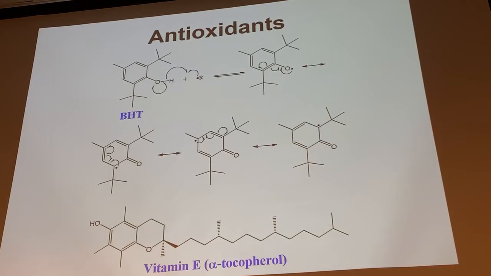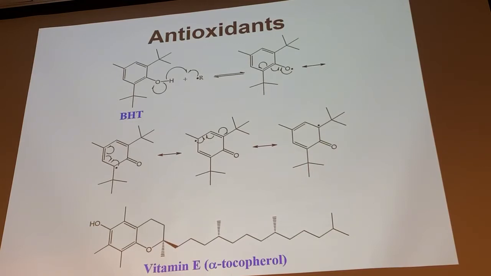It's also less reactive because of steric hindrance. You have these bulky tert butyl groups that are shielding this oxygen, that are shielding the radical when it's on the carbon. And so due to sterics as well as resonance, this radical is quite unreactive.